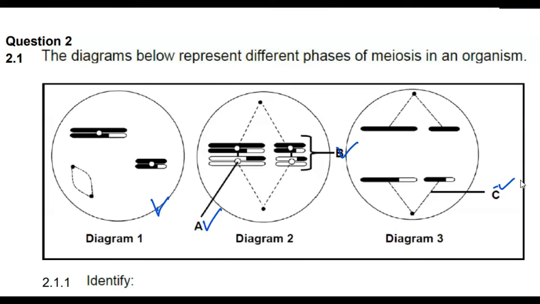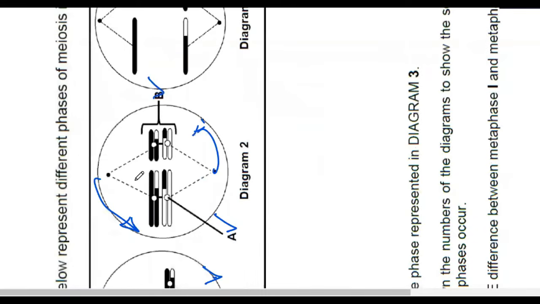The chromosomes are aligned. If one is on one side of the chest and this is on the other side of the chest, you see that they're in the middle.